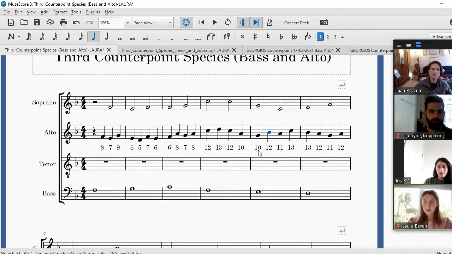Careful, Laura, when you have the fifth. Not all fifths are okay. There's one fifth that will always give us problems: a fifth that happens between the leading tone and which other degree? It is the tritone of every major scale.